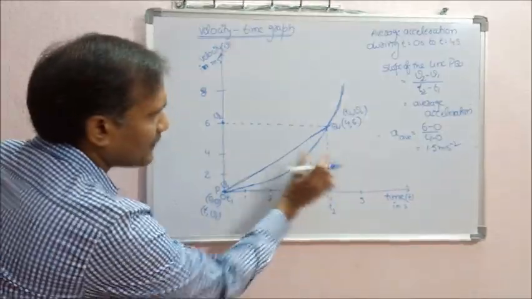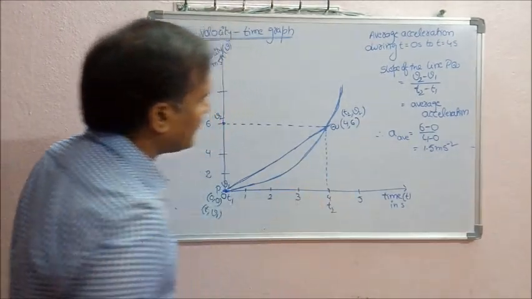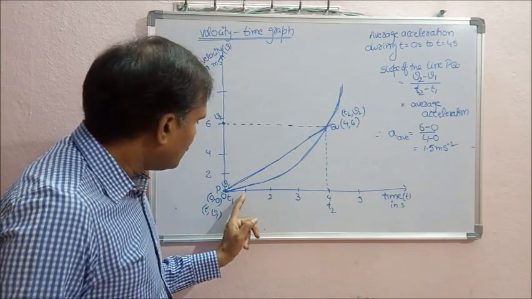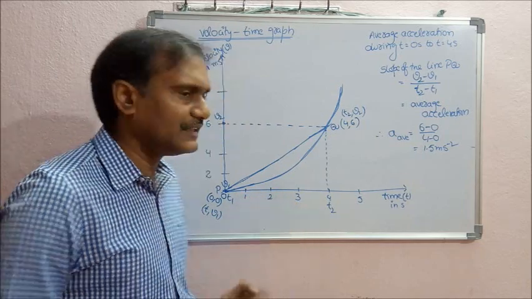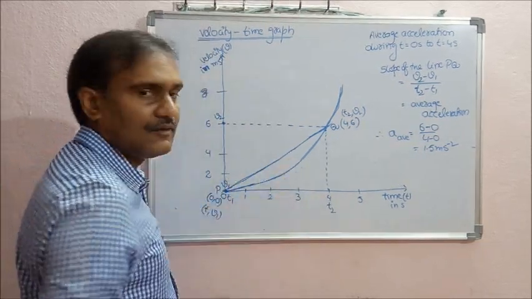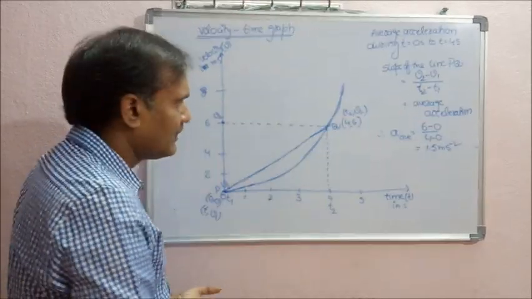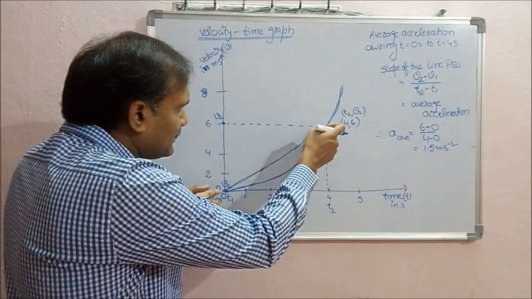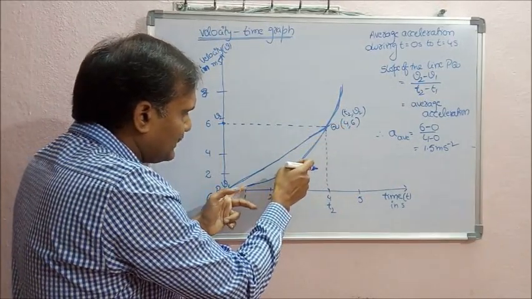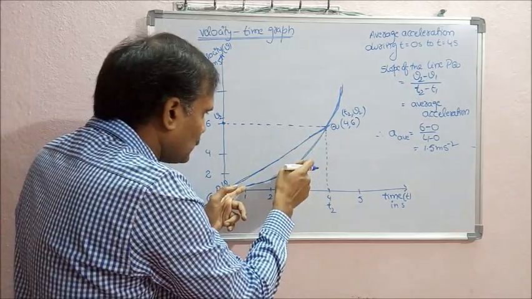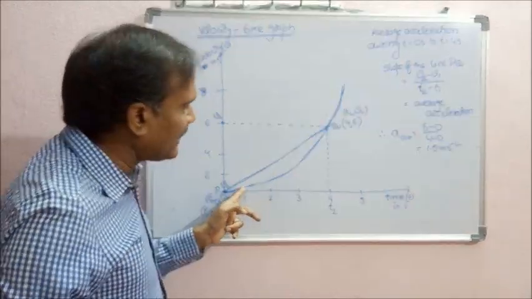Now you can observe this. If you decrease the time interval, that is, the time interval is now t is equal to 1 second to t is equal to 3 seconds, during this time interval of 2 seconds, what happens to these 2 points P and Q? They approach each other. It becomes a straight line.